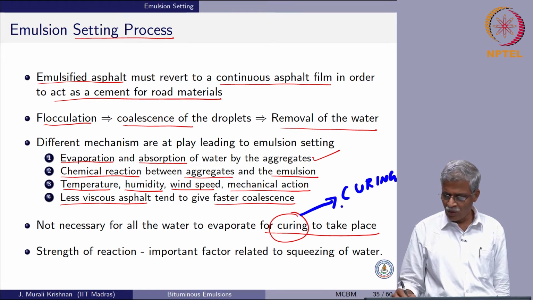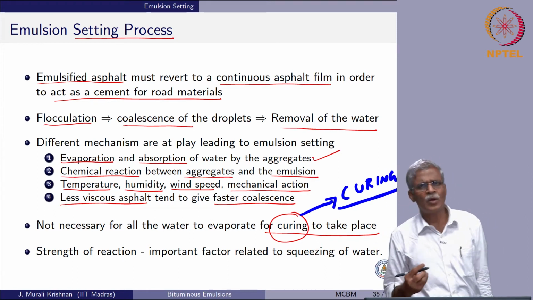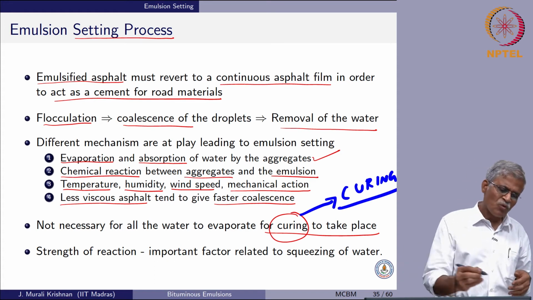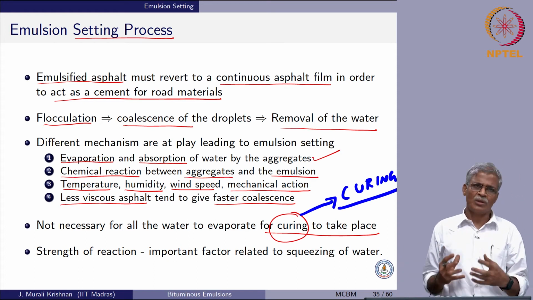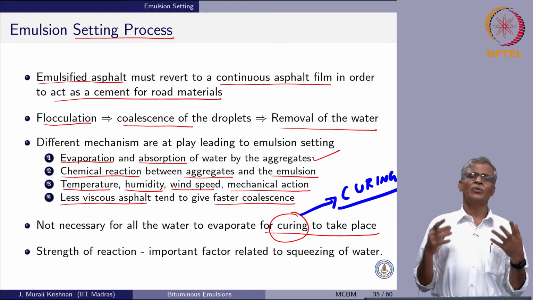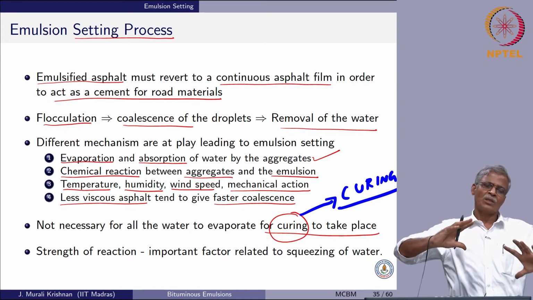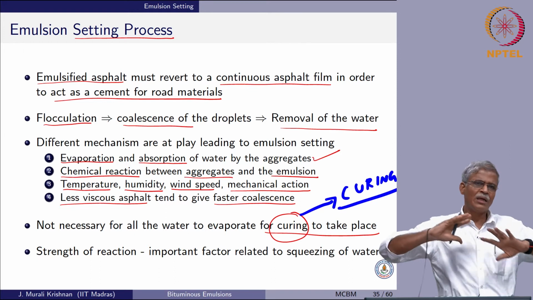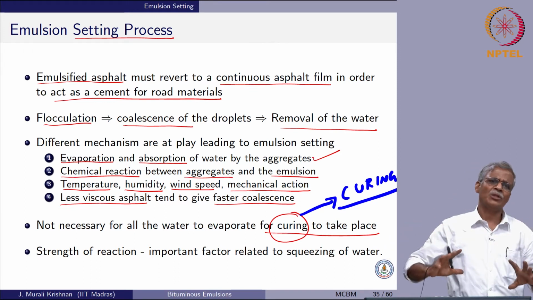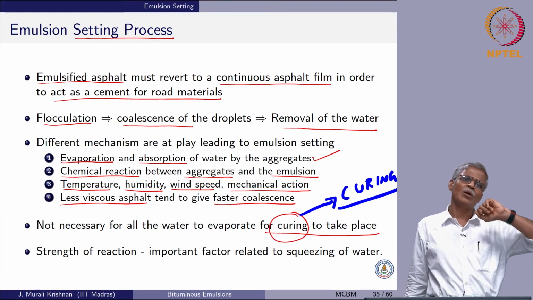You need to understand the context in which we are using this word curing, and it might sometimes take 3 months. Which means if you use a cold mix, the actual strength development will take 3 months, sometimes even 6 months. Let us say you are doing a road construction, you are recycling the material and providing a cold mix with the emulsion, and then you start your construction of the regular hot mix material on top of it.